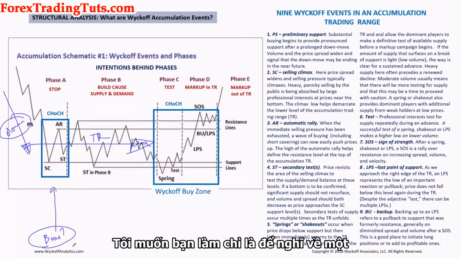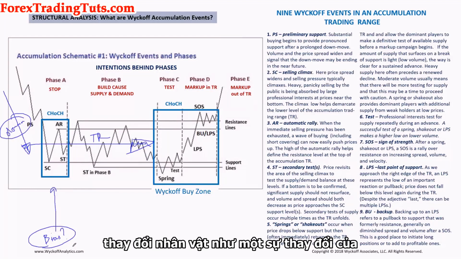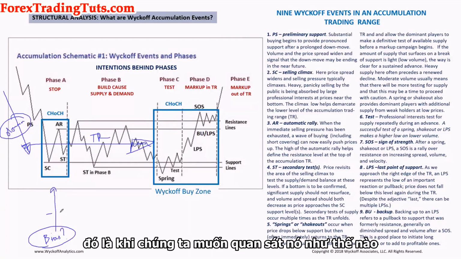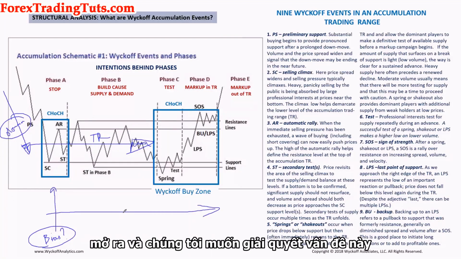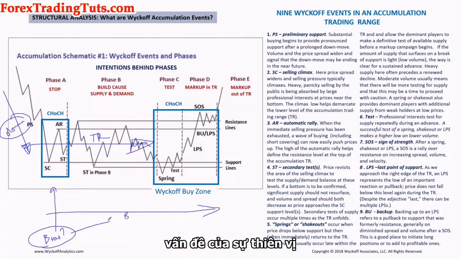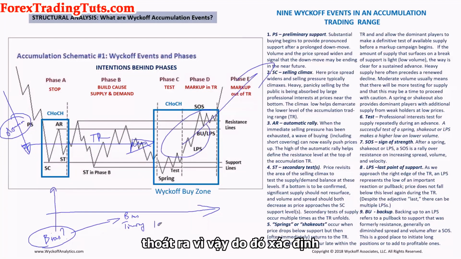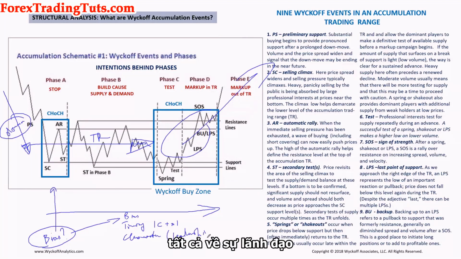But for now, what I want you to do is just to think of a change of character as a change of the environment, and then once we're in the trading range, that's when we want to observe how it unfolds, and we want to solve this problem of the bias, the timing, when the price is getting out, so therefore identifying phase C and D correctly, and then the character. And usually the character is going to be all about the leadership and the way the price is going to travel, what kind of structure it's going to give us.